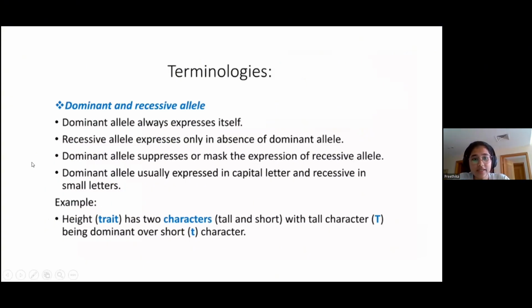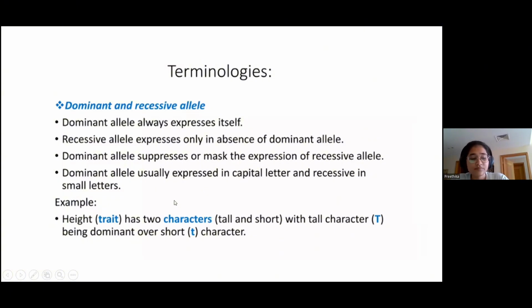So the dominant allele always expresses itself. When we talk about height, we have the dominant trait, which is the uppercase T, and then the recessive one, which is the lowercase, as you can see here. So two characters, tall and short, and the dominant one is uppercase T, and then the short character is lowercase t. So the dominant allele always expresses itself.